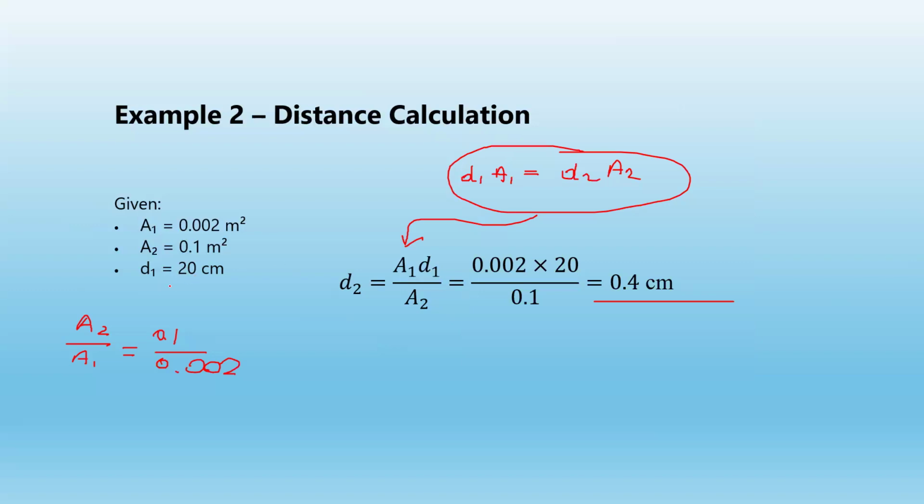Now, let's see if that checks out. The distance is longer in the smaller cylinder than the bigger cylinder, so that should give us 20 centimeters divided by 0.4 centimeters.